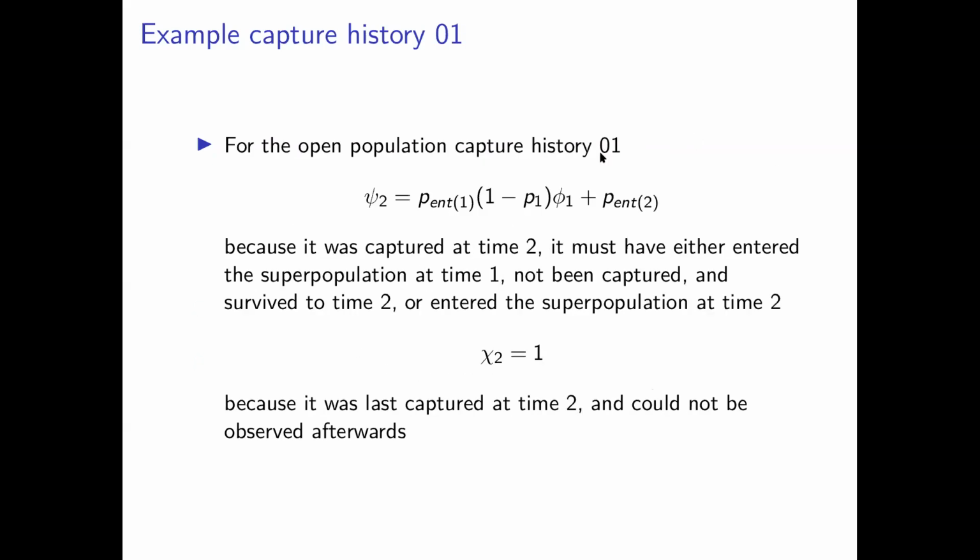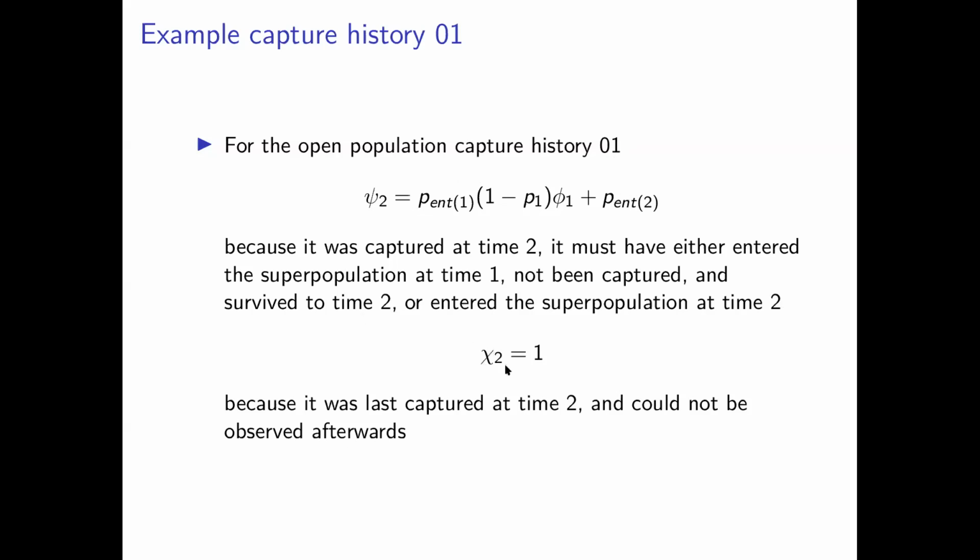Okay, another example. So this capture history 0-1, so it was not captured on the first occasion, but it was on the second. And now psi sub 2 is the probability that it was not observed before occasion 2, given that it is alive, together with the fact that it is alive in the population at time 2. So it could have entered the superpopulation at time 1 and not been captured, but survived till time 2, or it could have just entered the superpopulation at time 2.